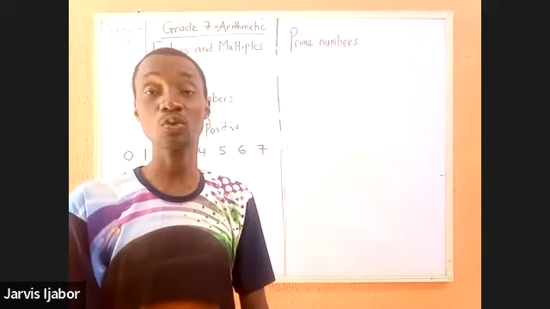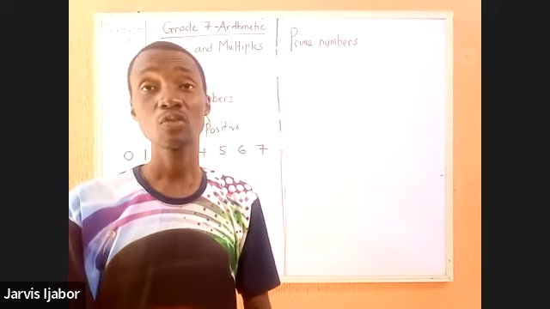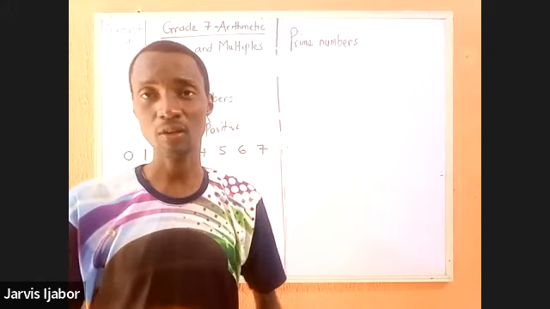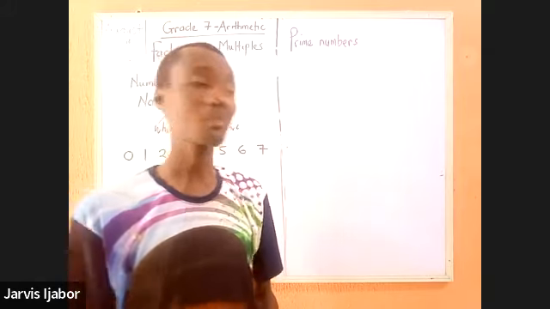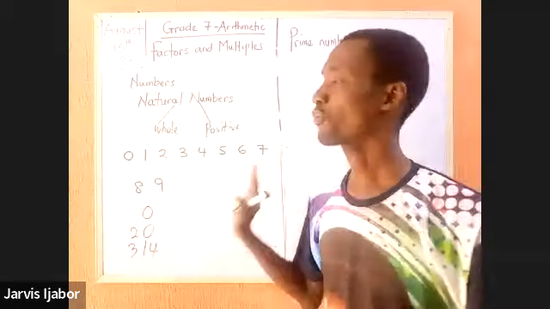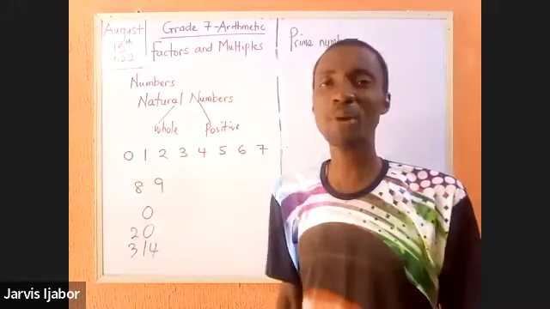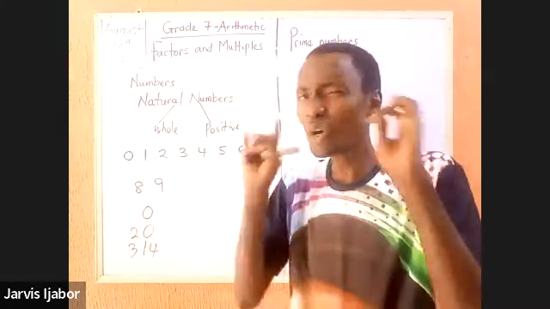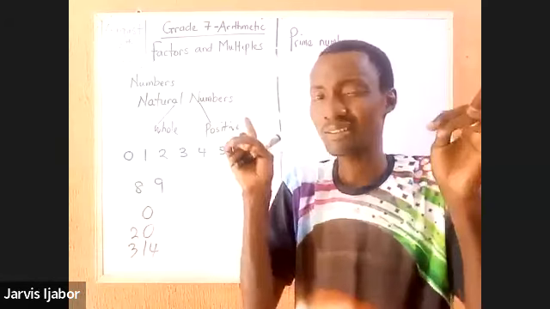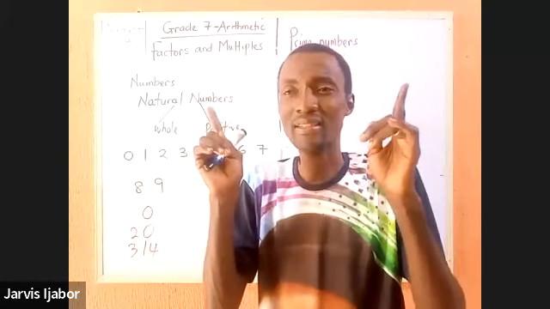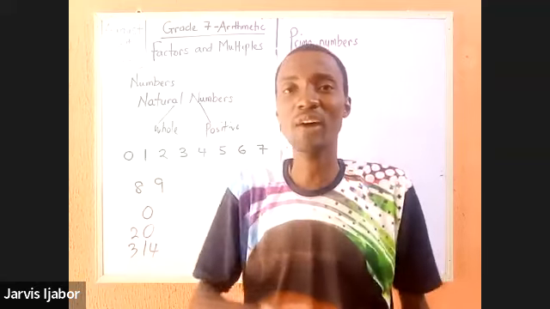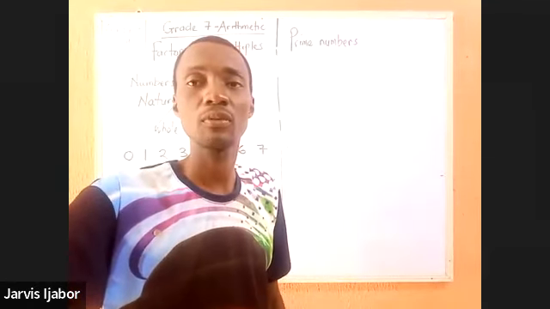But let's stick to a number that has 2 factors, 1 and itself. So what it technically means is that if we forget about 1, a prime number can only be divided by itself.